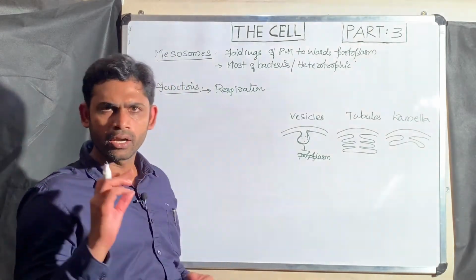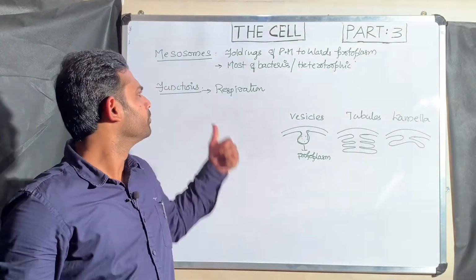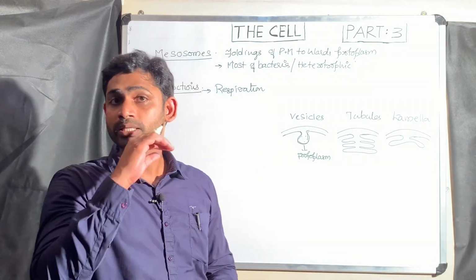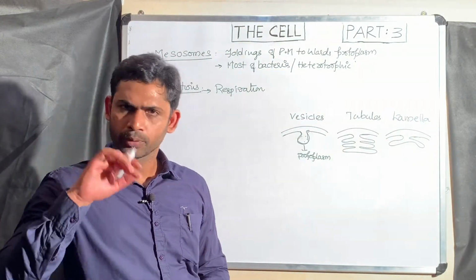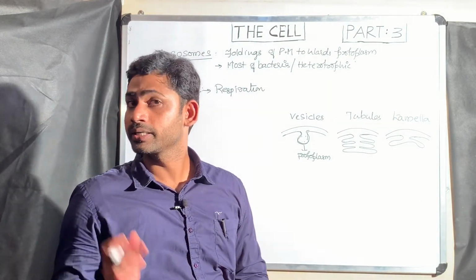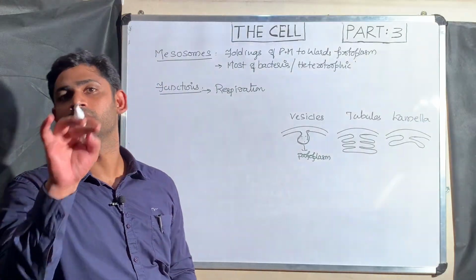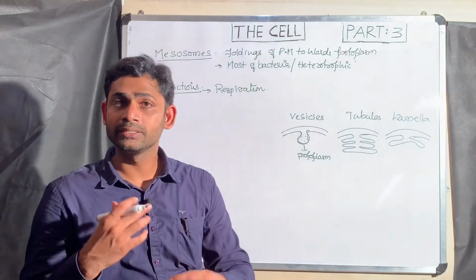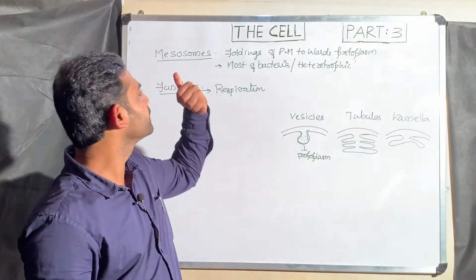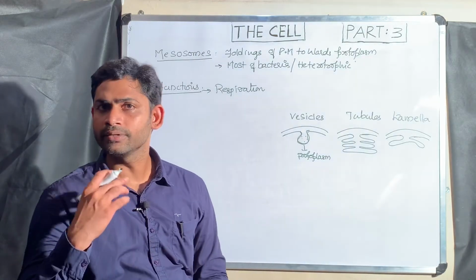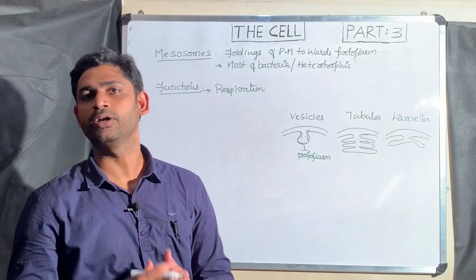Mesosomes are the site of aerobic respiration, which means in the protoplasm glycolysis will occur, but in the mesosome, the Krebs cycle and electron transport chain occur. That means the enzymes of the Krebs cycle are present in the mesosome. That is why I said mesosomes are the functional equivalents of mitochondria.